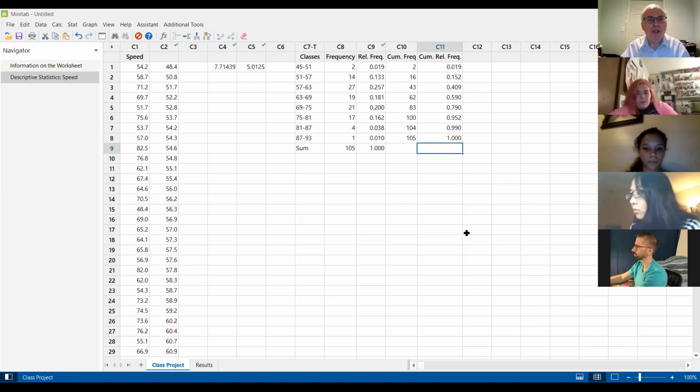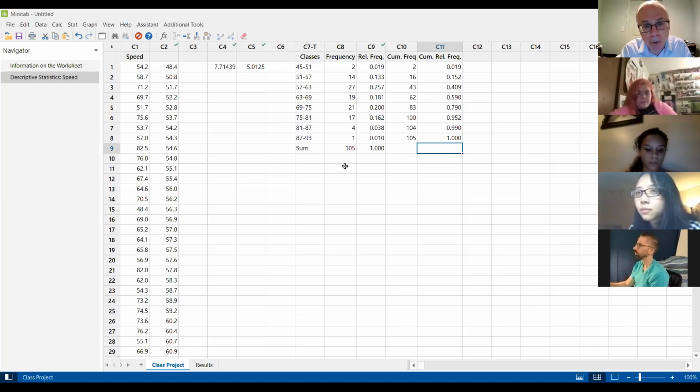Again, the cumulative frequency idea here is not used in Minitab, at least this version that we're using. All right. So this is a frequency distribution chart. It's just these two columns, classes and the frequencies.